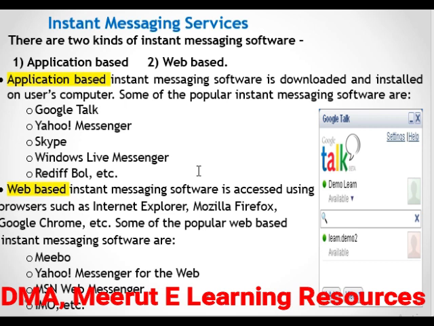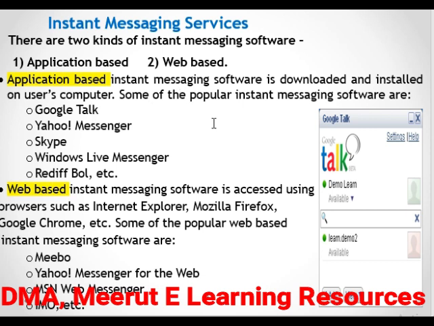Web based means we have to open a web browser and connect to the website of the concerned software. Then only we can communicate. For that purpose, we must have an internet connection. But in application based, we can perform offline messaging also.